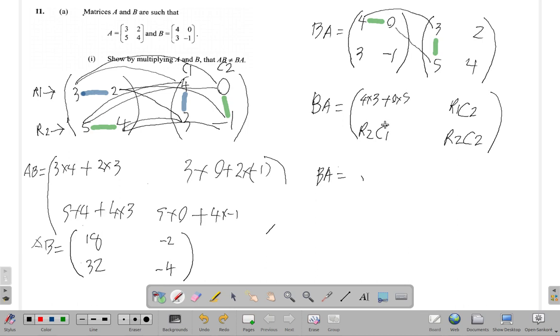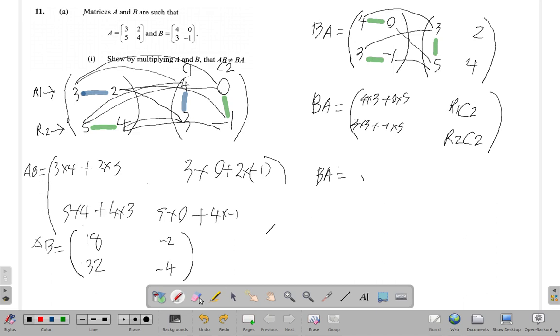Okay, good. Now row 2 by column 1. Don't want to forget it. The first elements 3 by 3 plus second elements -1 by 5. Good.